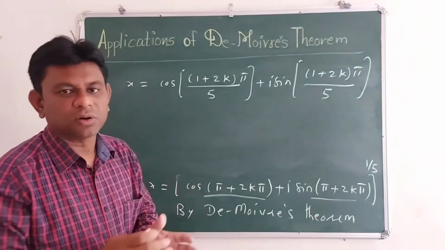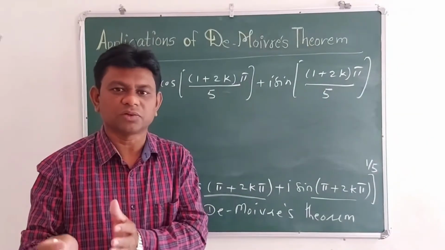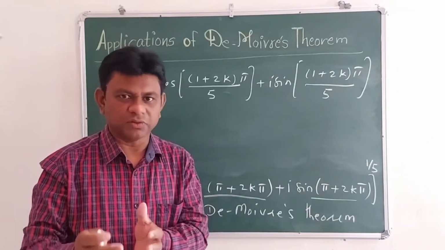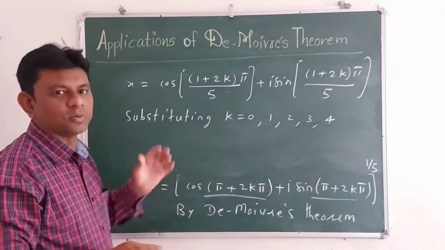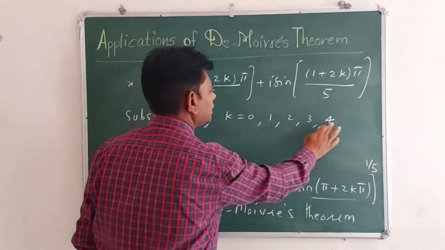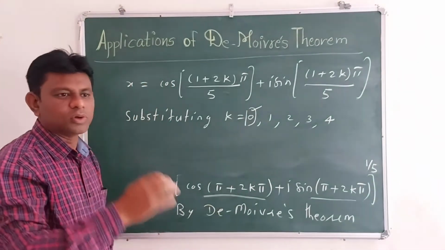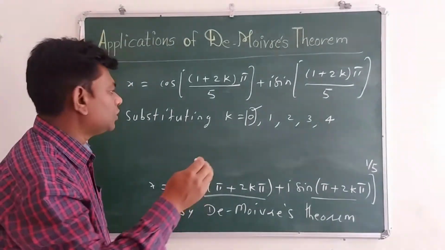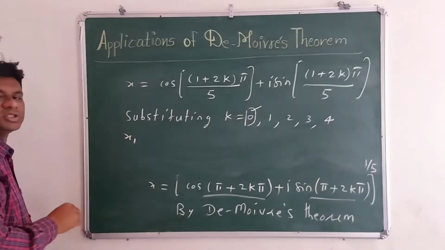Now degree of the new equation x to the power 5 plus 1 equal to 0 is 5. Now therefore this equation has 5 required roots. Therefore substituting k equal to 0, 1, 2, 3, 4. Now by substituting k equal to 0, we get the first value of the new equation. So we denote it by x1.